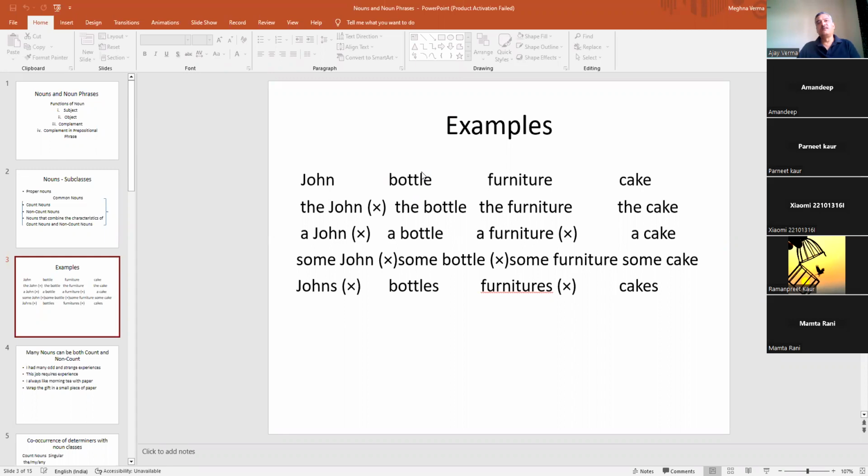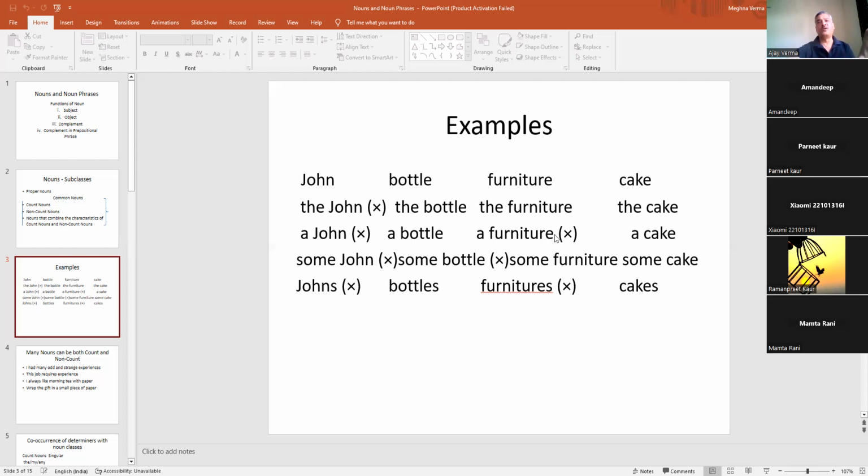The third example is of furniture. Furniture, as I indicated a while ago, is a non-count noun. And in such nouns, the first thing to note is that we cannot have a plural. Okay, so furnitures is wrong. And we also cannot have the article a. So a furniture is also wrong, because these nouns are used as non-count, not counted.